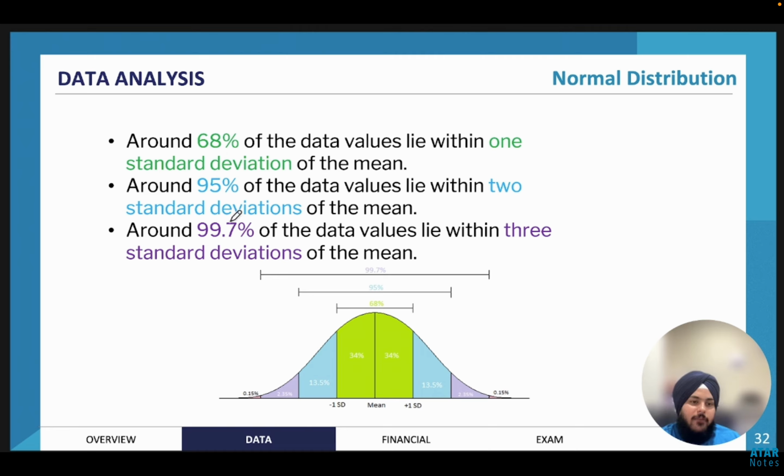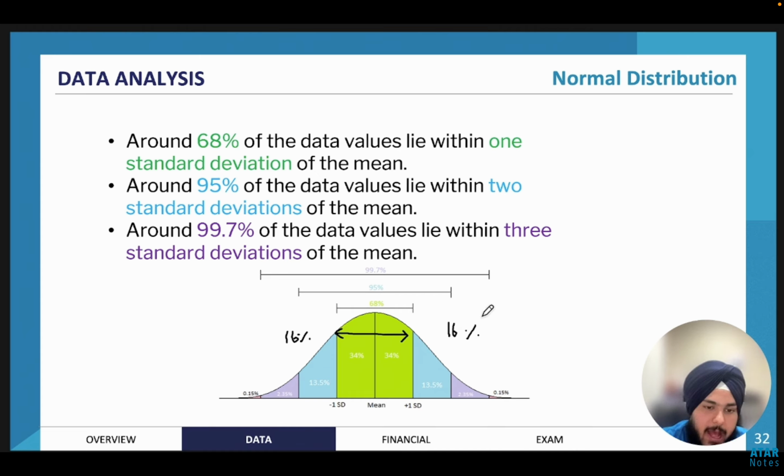The total should always equal 100%. So if 68% is just this much over here, what is the rest of it? The rest of it is going to be 32%. So we will have 16% on the left-hand side and 16% on the right, because remember, it's a symmetrical graph, in total equaling 100%.